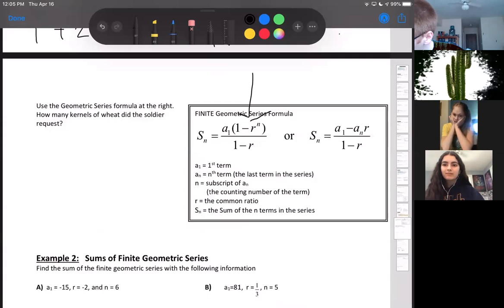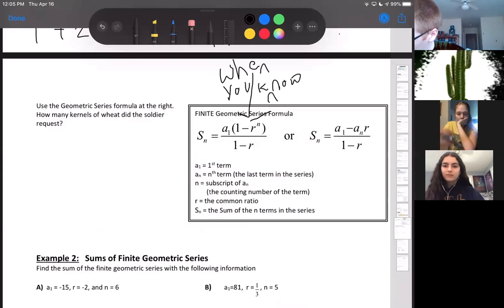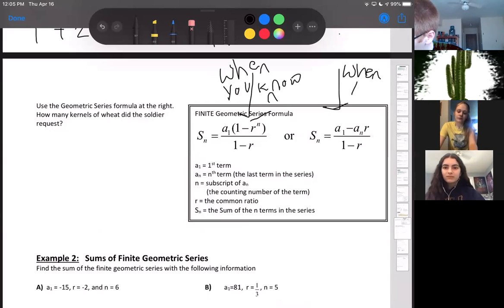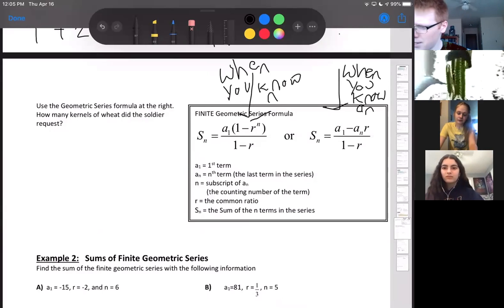So this first formula you use when you know n. The second formula you use when you know a of n, or the last term in your sequence. That's kind of the distinguishing factor.